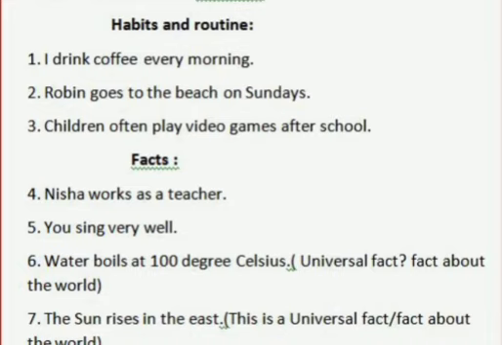Okay. Next is children often play video games after school. So that is a routine, or that is a daily happening. After school, every day, the children often play video games. Okay, that is a routine. So, children often play. We didn't add plays here. You might ask, why teacher, why did you not add s there? That means here children is a plural form.